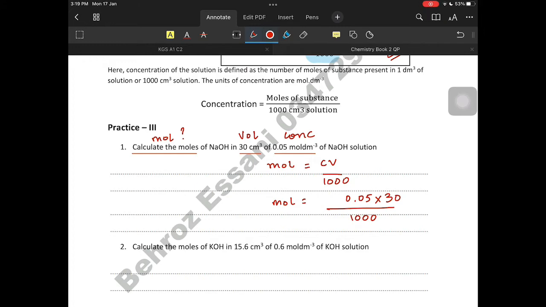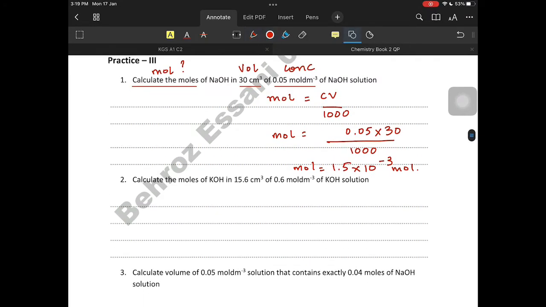Now if we solve it using a calculator, 0.05 times 30 divided by 1000, the answer is going to be 1.5 exponent minus 3 moles of obviously sodium hydroxide.